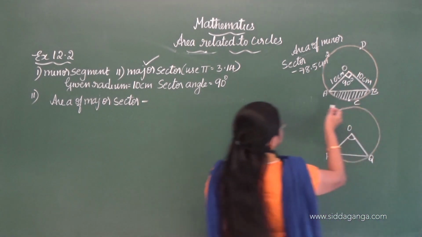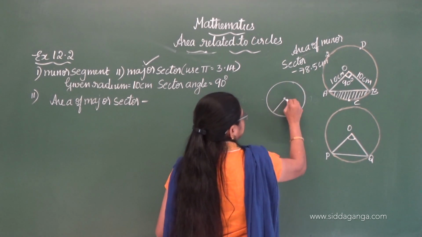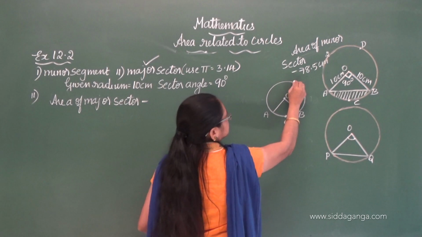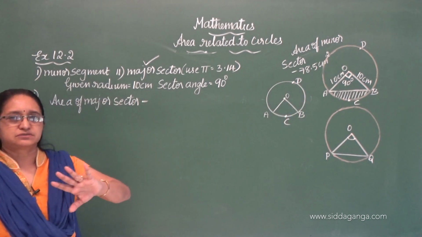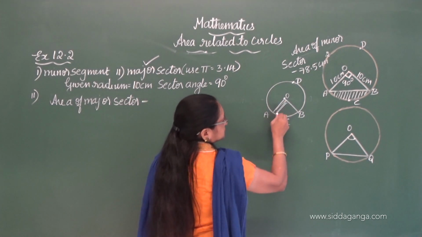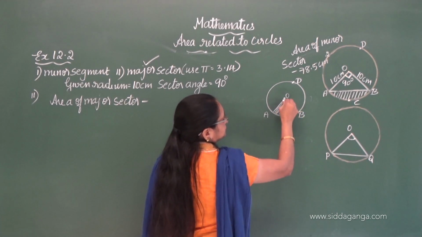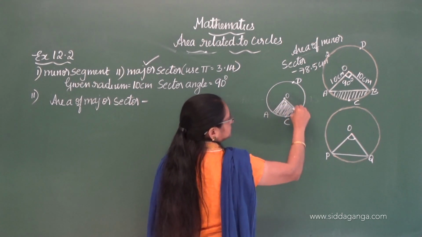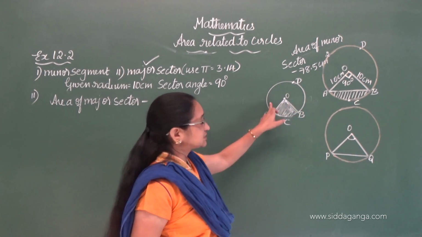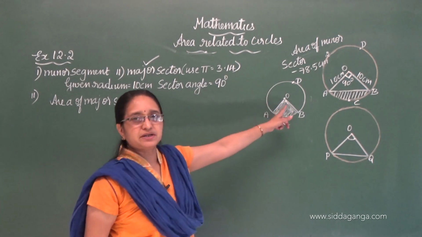Major sector means, see here, this is O, A, B, C and this is D. Okay, don't get confused. You can draw once again. Now I know this area. So can't I find the area of this major sector? I think you can understand better if I draw a separate diagram here.